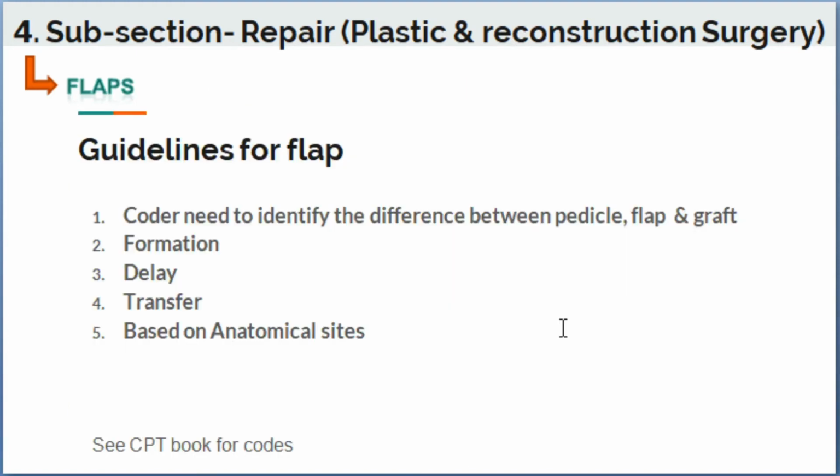We have guidelines for the flap subsection. So the coder needs to identify the difference between a pedicle flap and a graft. You should also identify whether the procedure was formation or delay or transfer of flap based on anatomical sites. Let's see the CPT book for codes.